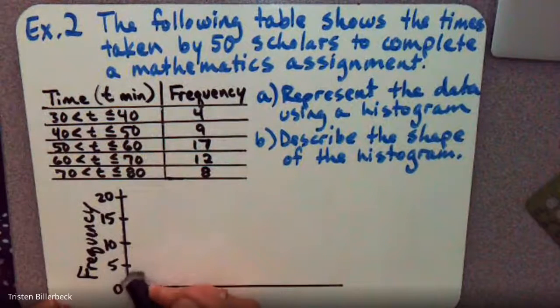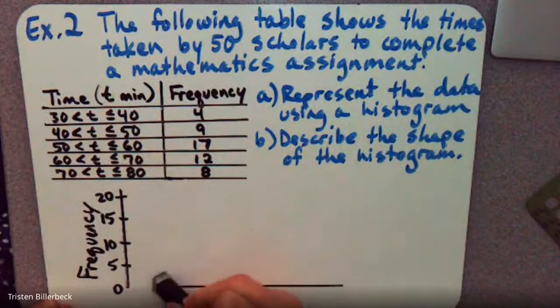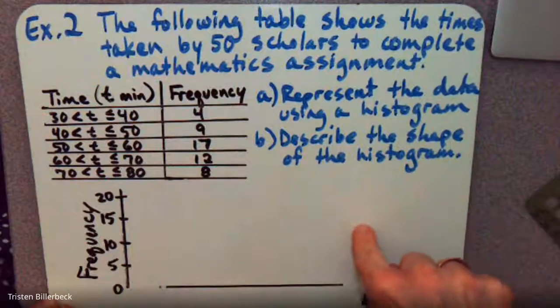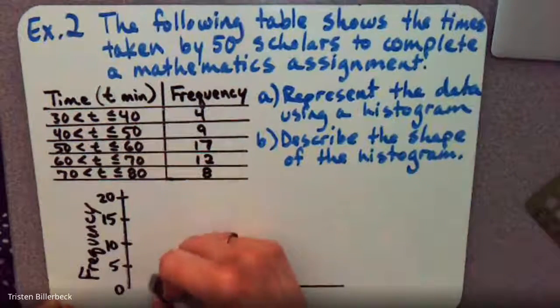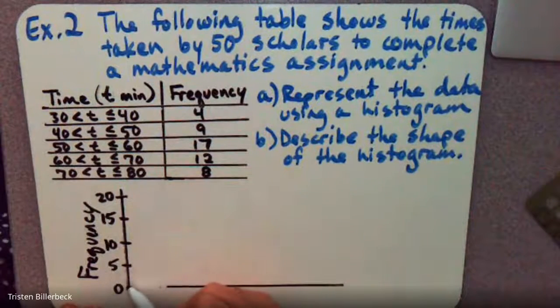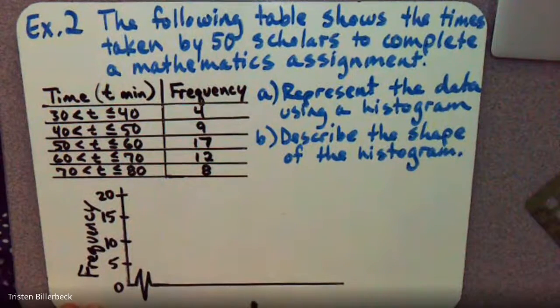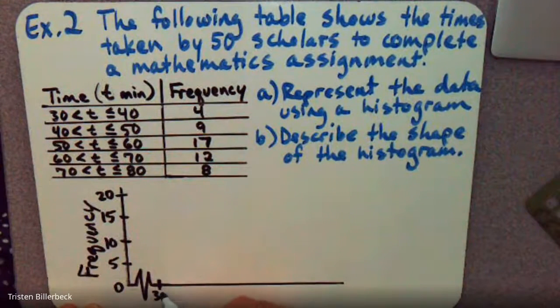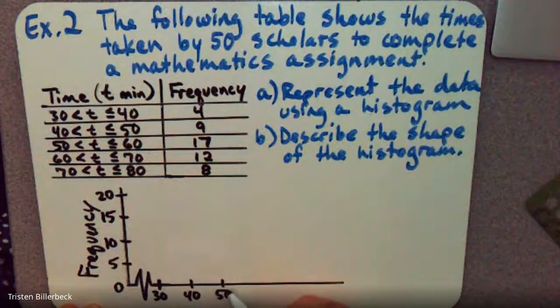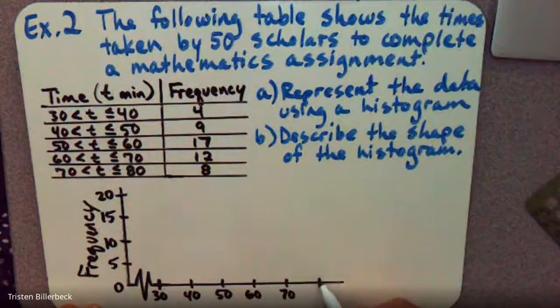So what we're going to do, just so that our data doesn't end up all the way over here, is a little move like this, which says, okay, there is some time here, but we don't care about that time, so we're going to do a little mark here that says, okay, there's some time skipped, and we're going to start with 30, 40, 50, 60, 70, and 80.